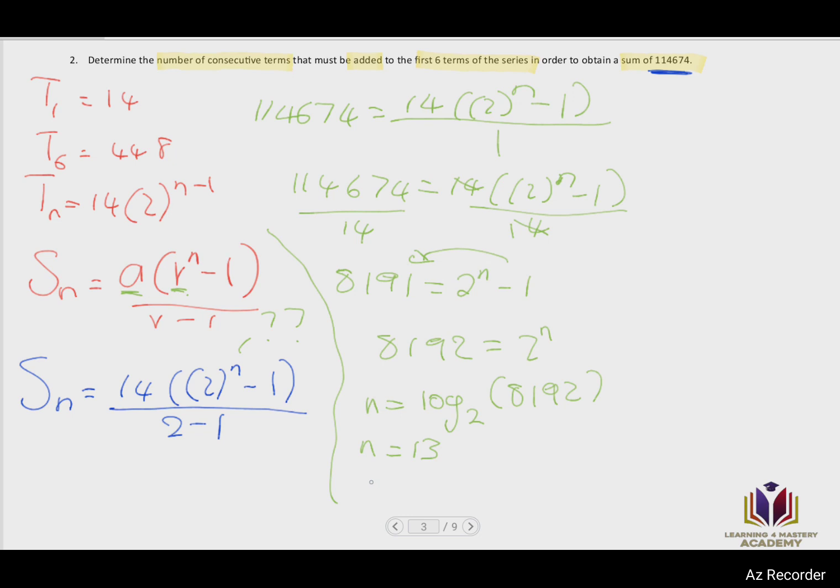The question mark equals 13 minus 6, because we already know that the unknown has been added with the first 6 terms of the series. 13 minus 6 gives us 7. Meaning the first 6 terms of the series was added with 7 consecutive terms to obtain 114,674.